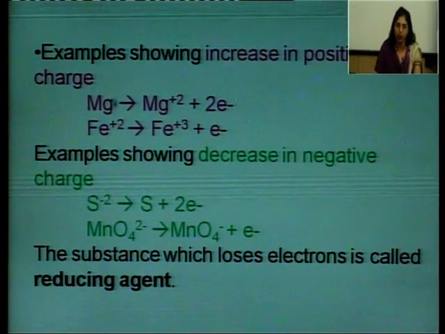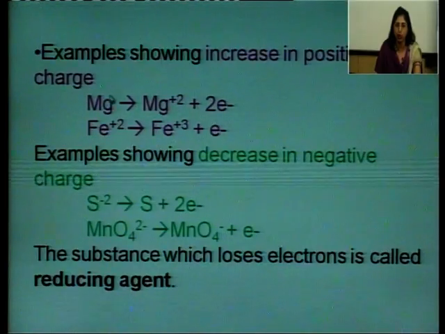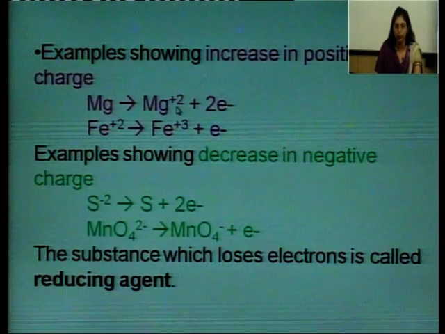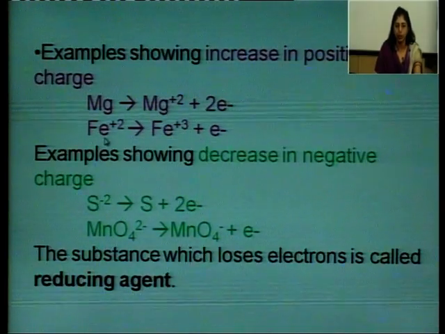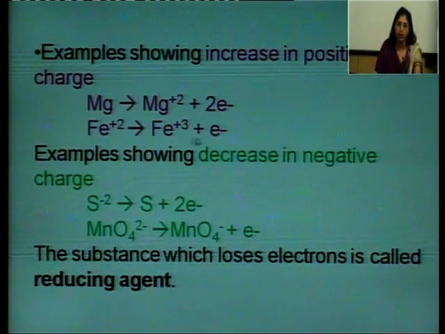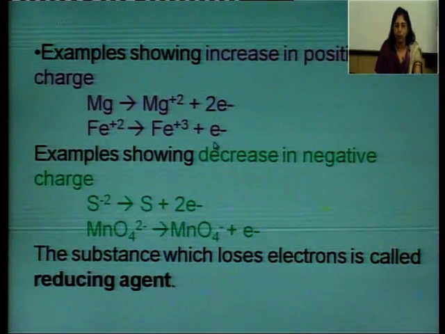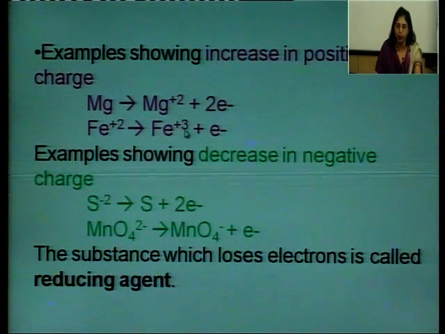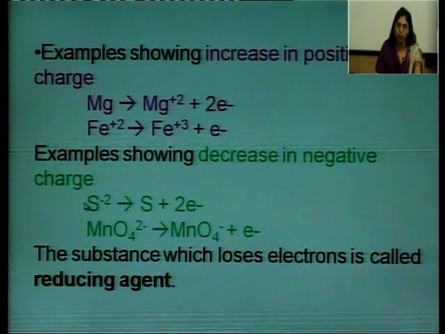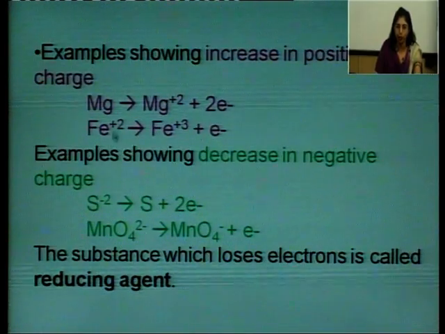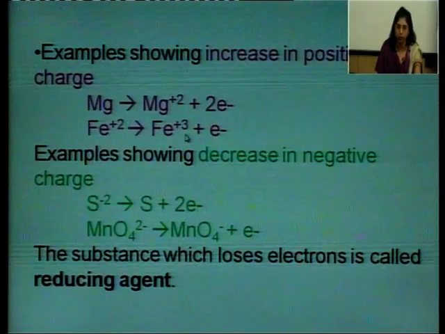Similarly, in the second reaction, ferrous ion having +2 charge, after the loss of 1 electron changes into ferric ion, that is Fe3+, in which again positive charge has increased from +2 to +3.